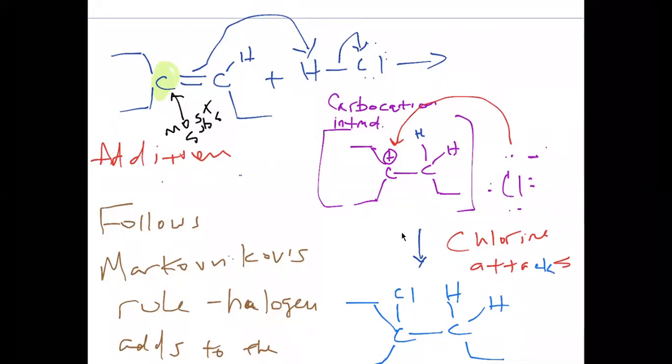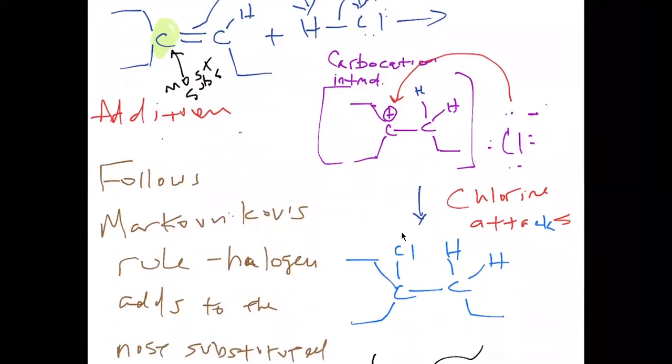Once the chlorine attacks, you end up with your product. You can see that for this particular reaction, where you add HX to a double bond, the chlorine ends up on the more substituted carbon.